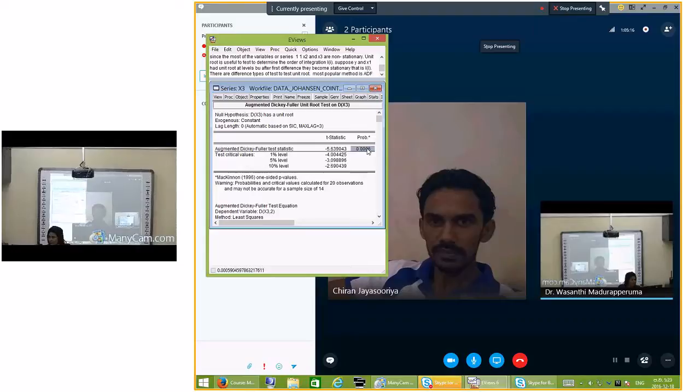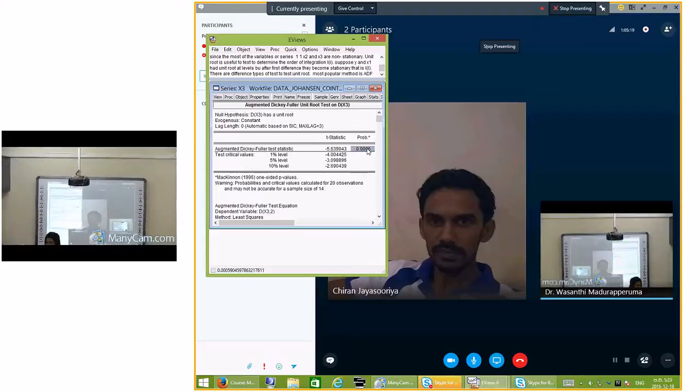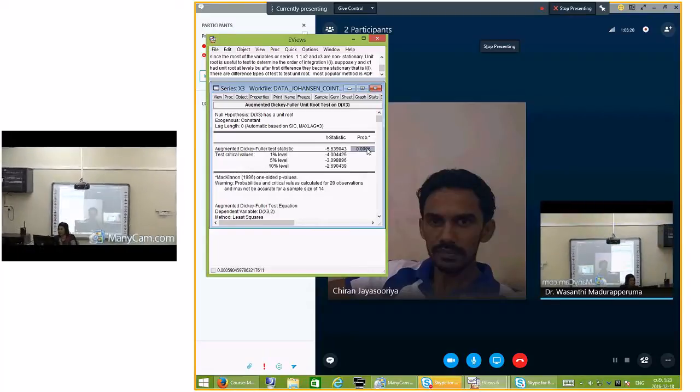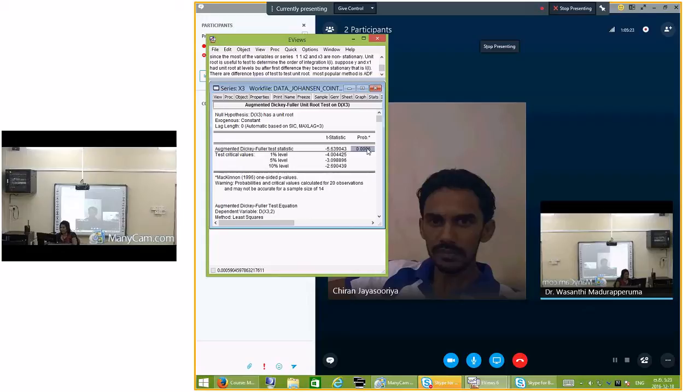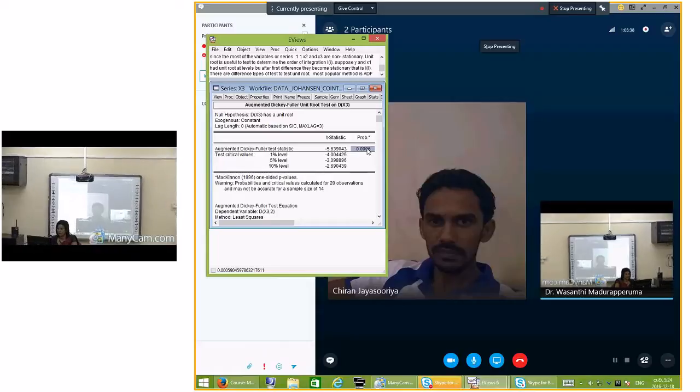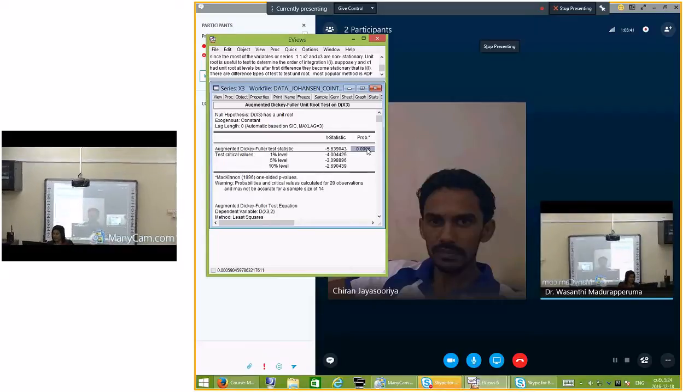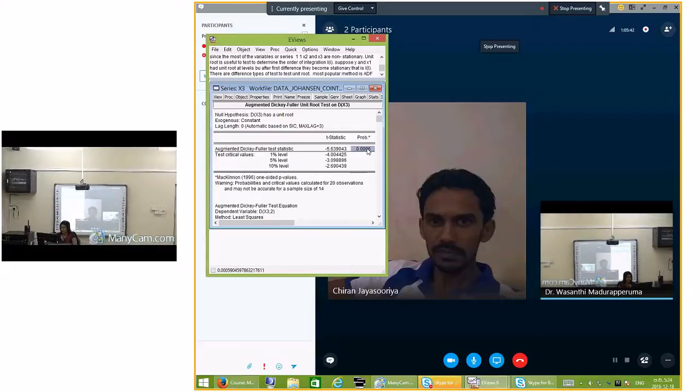Then x1, x2 and x3, all these three variables are stationary at the first difference, not levels. Then we need to consider the first difference variables for analyzing the data. So we call it, our order of integration is I(1), right?